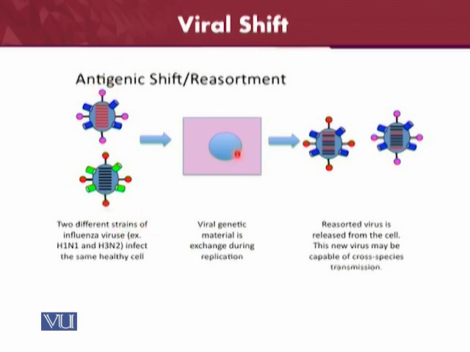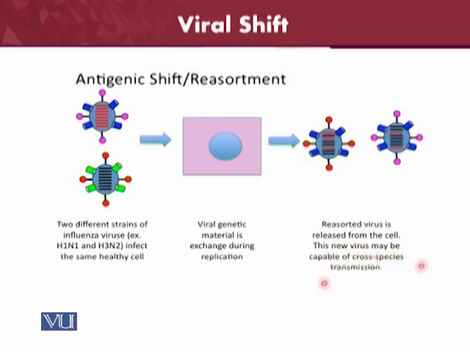So at the time of virus assembly, some of these can be combined with each other, as the color difference shows, and they will be reassorted, and the reassorted virus is released from the cell. The genetic material of one has been transferred to the genetic material of the other, and in this way they can give us new strains.